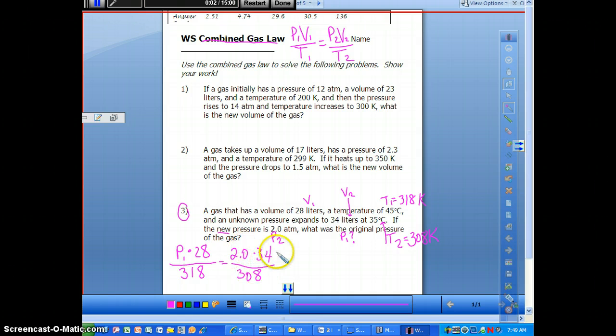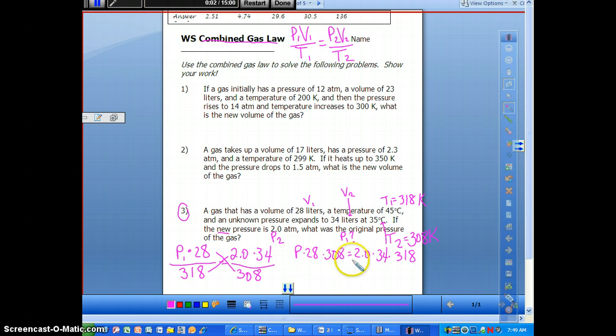And then we just have a pretty simple algebra problem to solve. You're going to cross multiply. We'll get P times 28 times 308 equals 2.0 times 34 times 318.